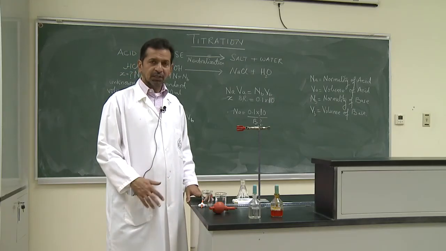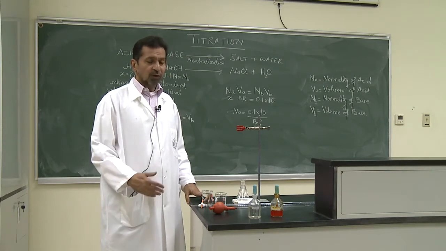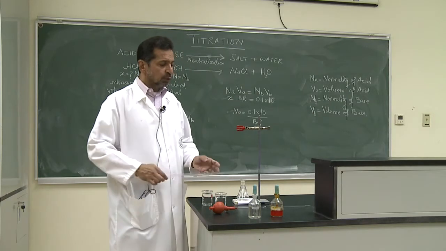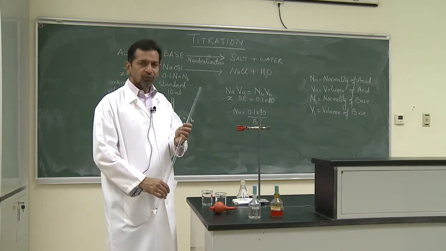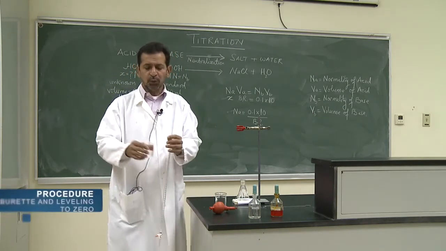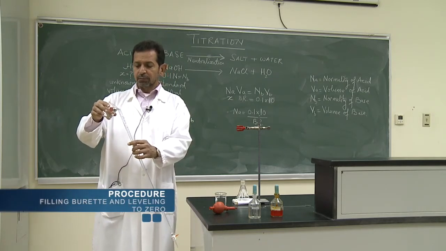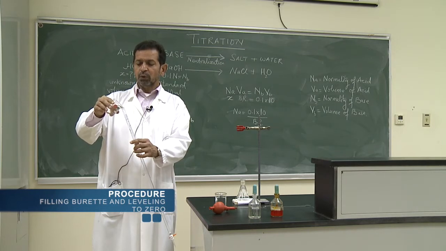After washing and rinsing, the next step of this experiment is filling the burette with the acid. To fill the burette with the acid, we just pour the acid in the burette.